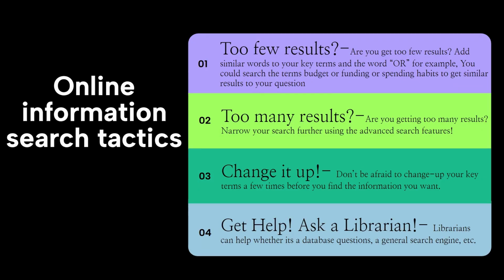So what I mean is, if one of my key terms happens to be money or budget, I could add the word "or" and then add funding or spending habits, or anything that has to do with money. And that could bring up more articles that would give me more options with my research.